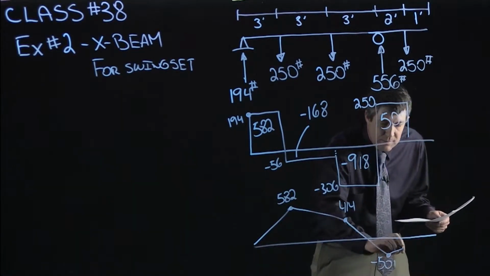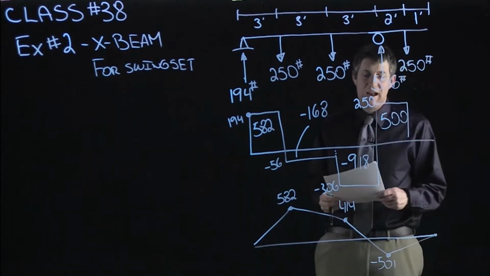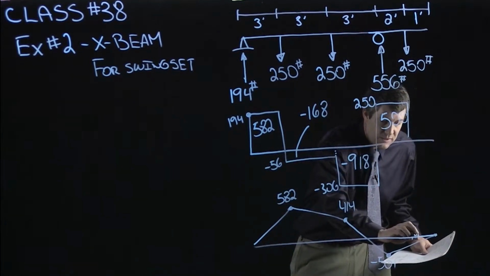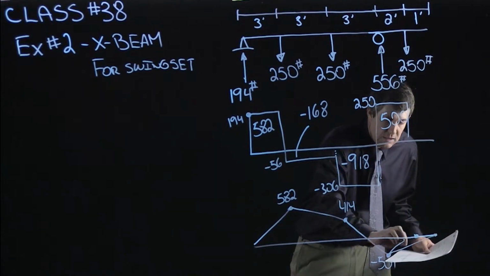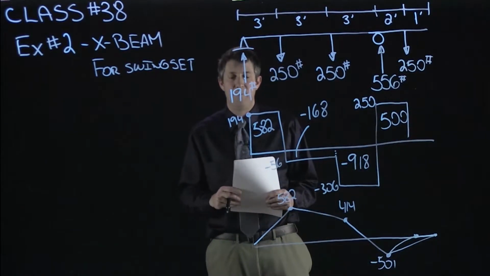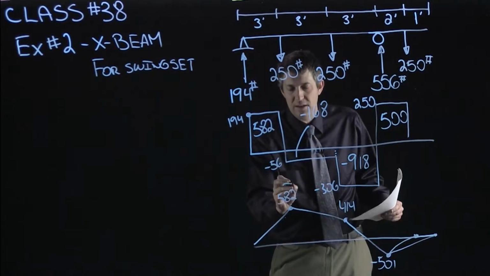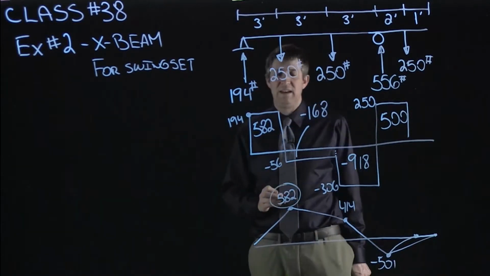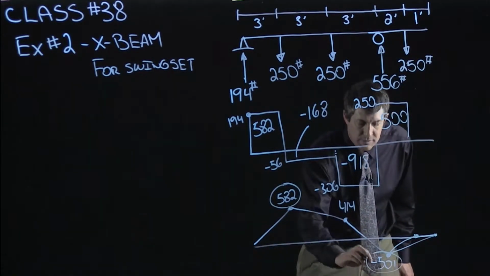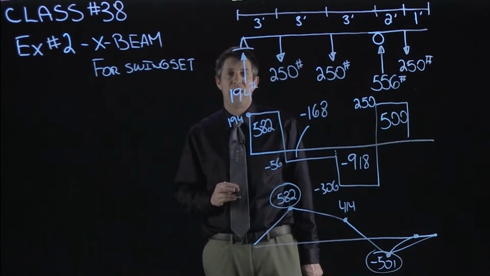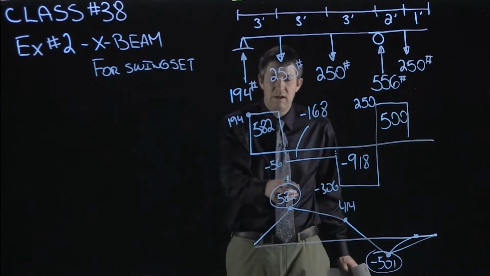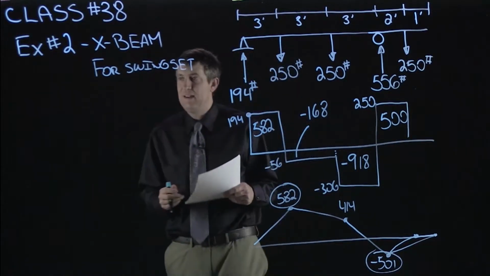And then it's going to bring me back to 0 when I have my 500 pounds. And actually, it should have brought me to this point right there. But we won't worry about that. It closes out. So you can see from this, my maximum positive moment is 582 pound-feet. And my maximum negative moment is negative 101 pound-feet. So the maximum value, when we take the absolute value, is going to be that 582.